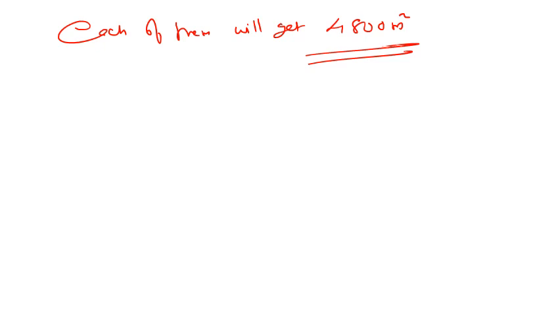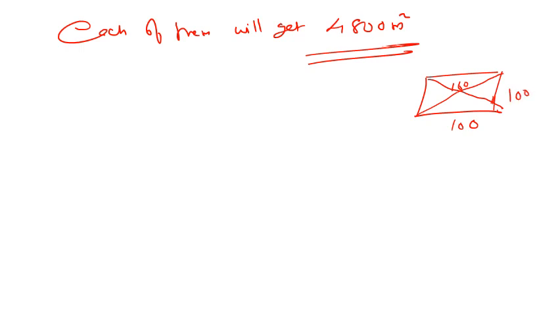You know, diagonals of a rhombus are perpendicular to each other. So, if you put like this, this is 160, this is 100, this is also 100.